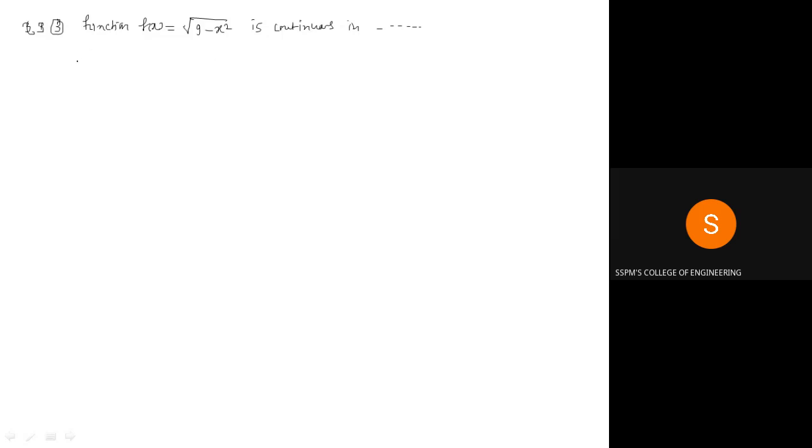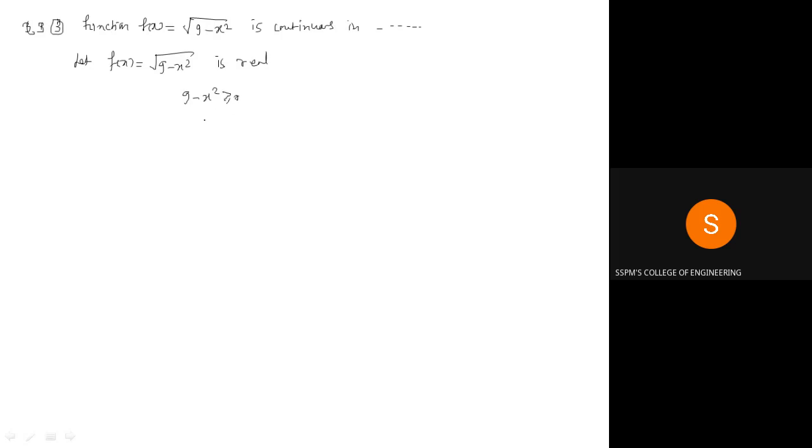So how do we get that interval? Let the function of x be root of 9 minus x square, and it is real. This function is real, which means all values of the function will be real for every value of x. And when it is real, 9 minus x square should be greater than or equal to 0.